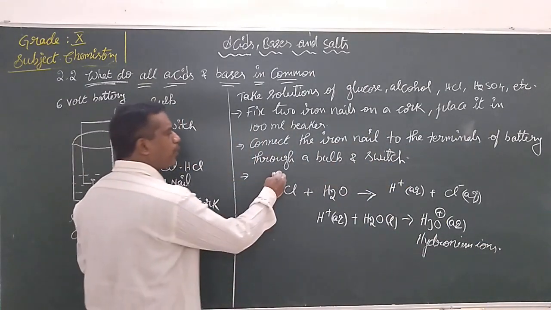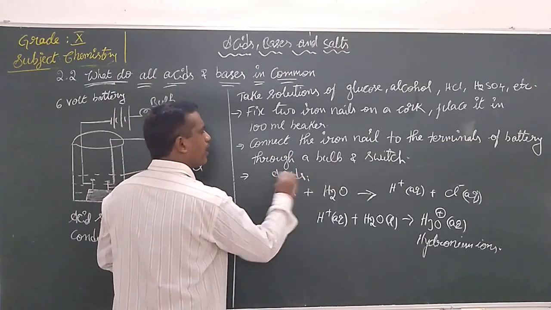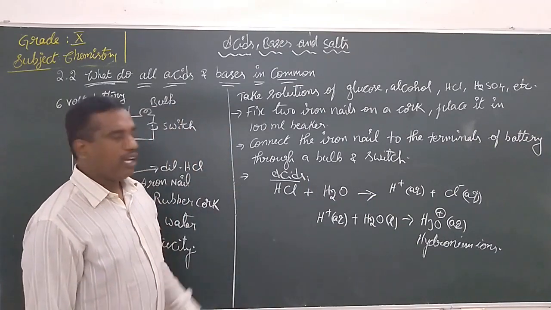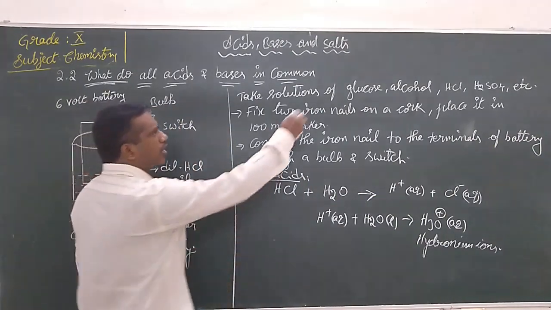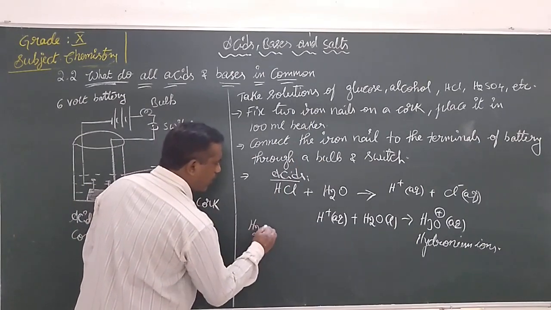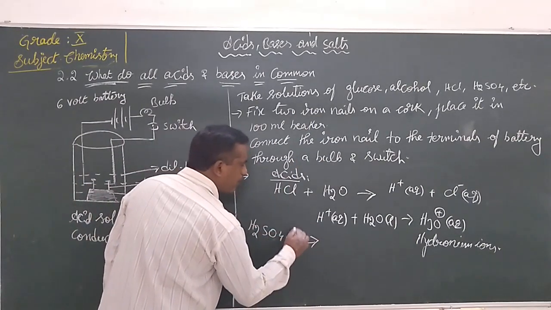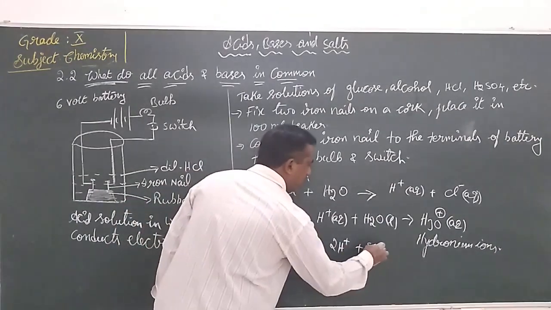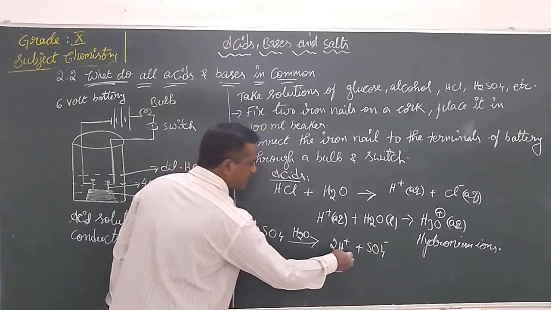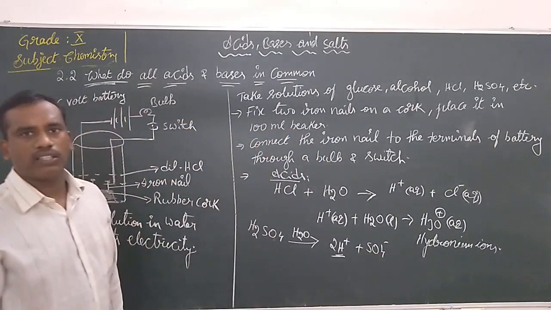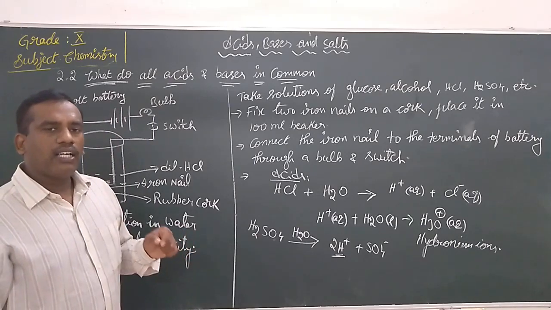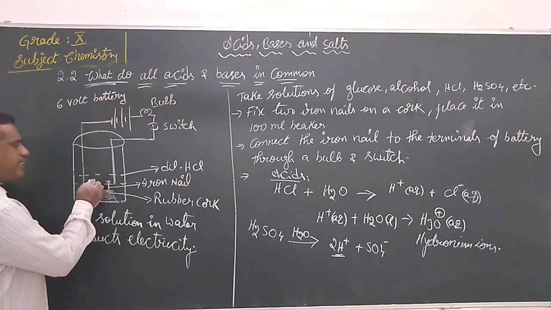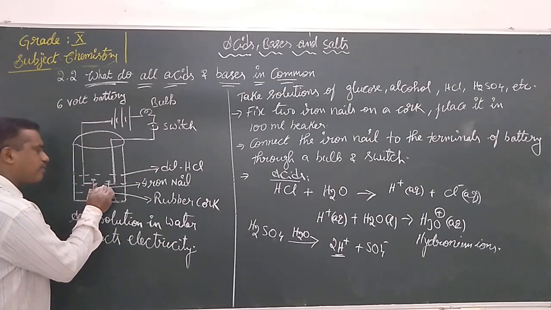So what do acids produce in water? Acids are going to produce H plus ions in water. It is not only HCl. You can take even H2SO4. When H2SO4 is dissolved in water, it will form 2H plus ions and SO4 2 minus ions. These H plus ions are the moving particles in this solution, which means they carry the charge.